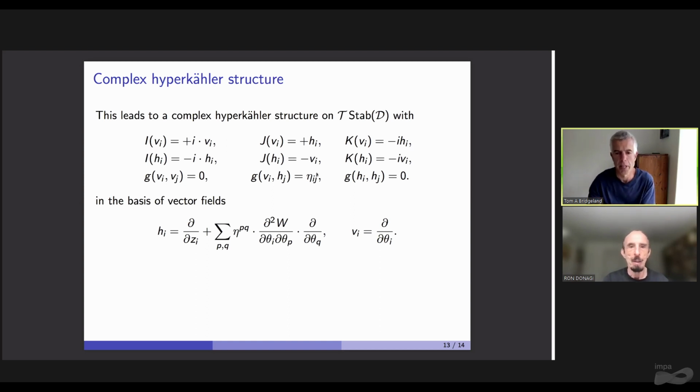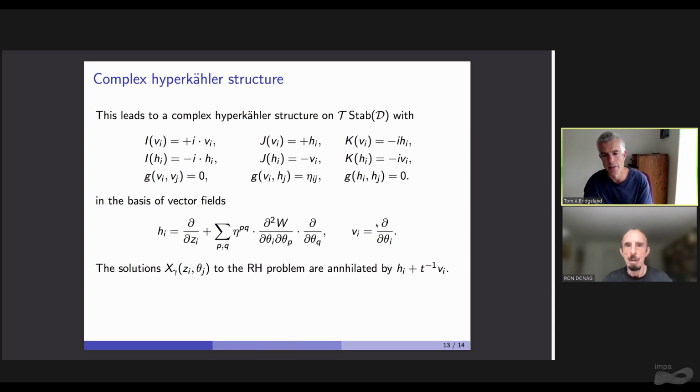I'm having to assume that's non-degenerate at this point. But basically, this hyperkähler structure is given in standard form in terms of these vector fields, Vi, which is the obvious thing, but Hi where this W enters. So this is somewhat more complicated.